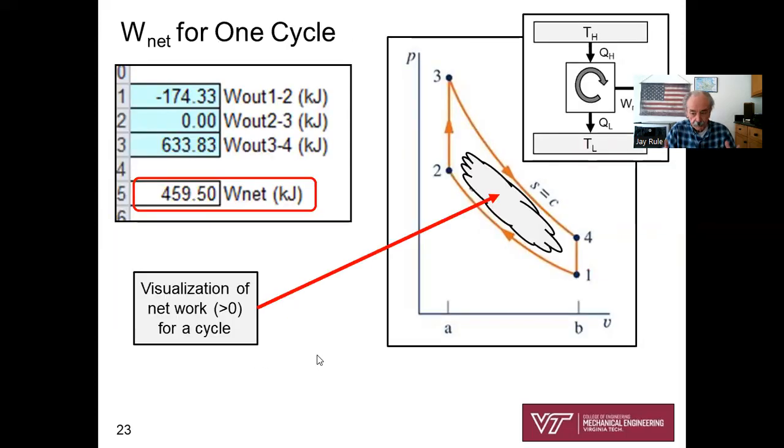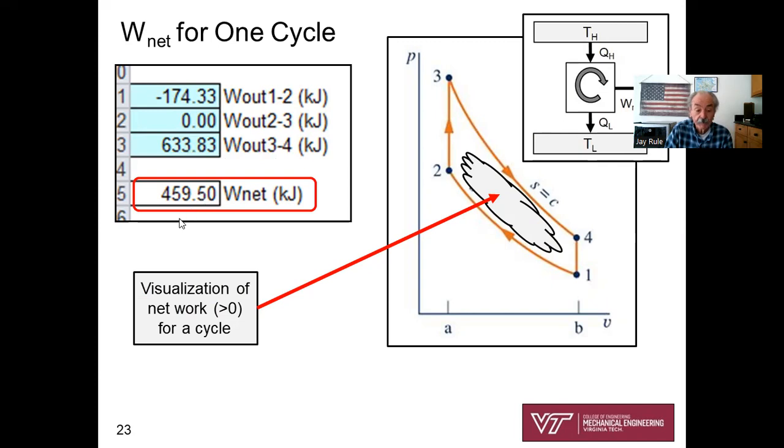Okay, we're getting close. It was tough, but we're getting close. Hopefully we've got a little table of values in our homework. We can now calculate W net. Only two: we started with negative 174, the compression process, plus 633.83 kilojoules, the expansion process.